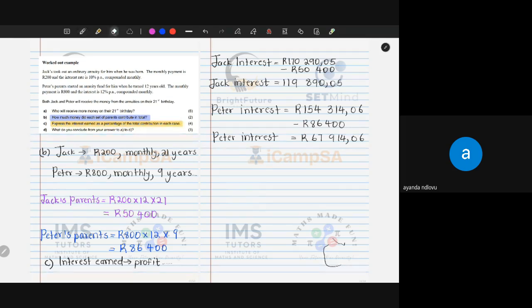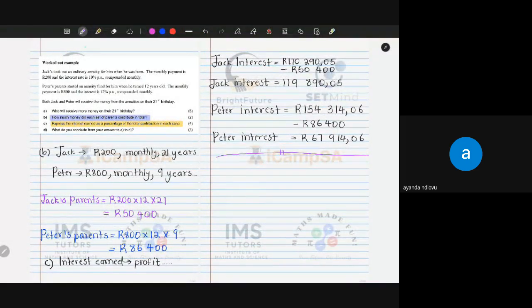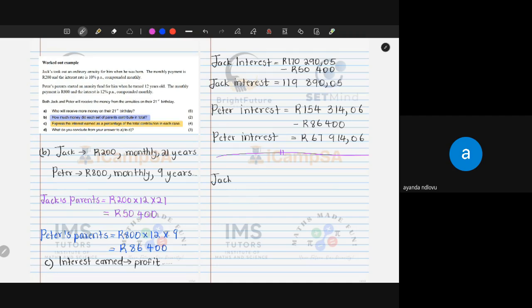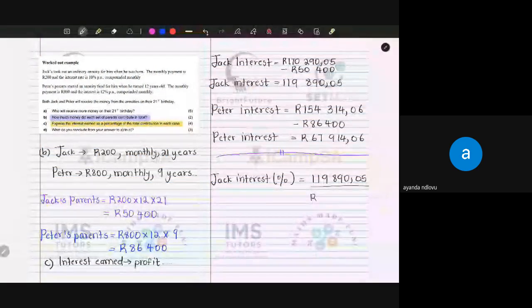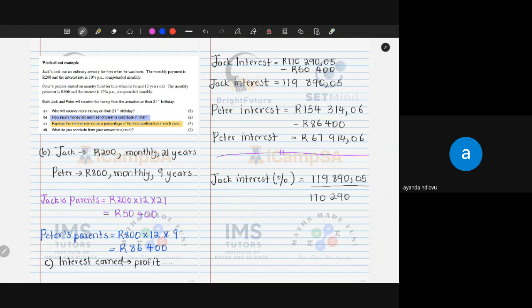So if you observe carefully for Jack, the interest as a percentage, we will take that amount, which is 119,890.05, and divide it by the total amount, which is 170,290.05. So I'm supposed to multiply this by 100%.